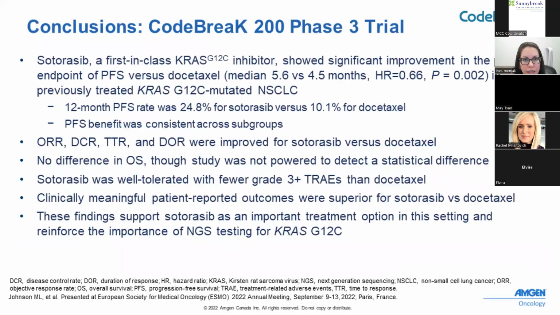So I think we're quite pleased that there was a significant improvement in the PFS. The 12-month PFS rate more than doubled, hazard ratio 0.66. No significant difference in OS, but there was obviously more than a third of patients in the docetaxel arm who crossed over to a KRAS inhibitor. So I don't think we're particularly concerned about that, and it seems to be fairly well tolerated. So I think this will be a good option for a number of patients.